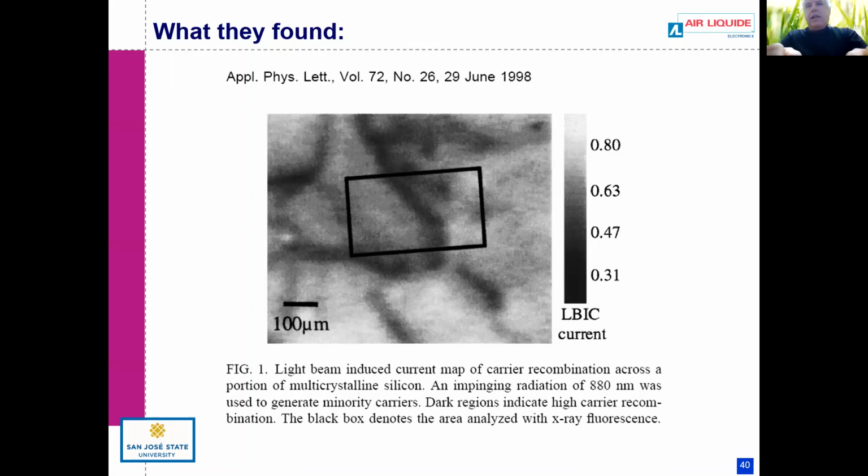So a carrier is an electron or a hole. And when the carriers recombine, that means that they're liberated from each other basically by the light, and then they typically orbit each other for a little while, and then they recombine.